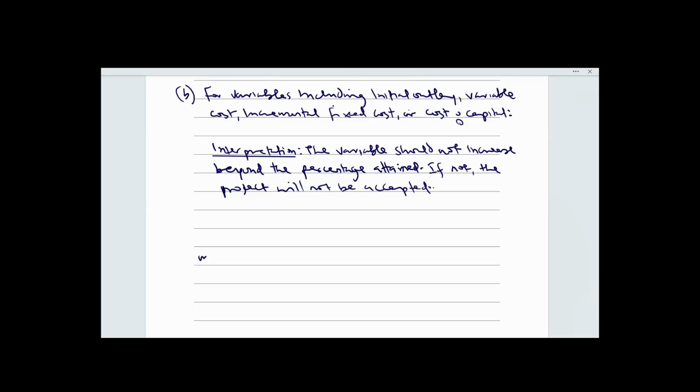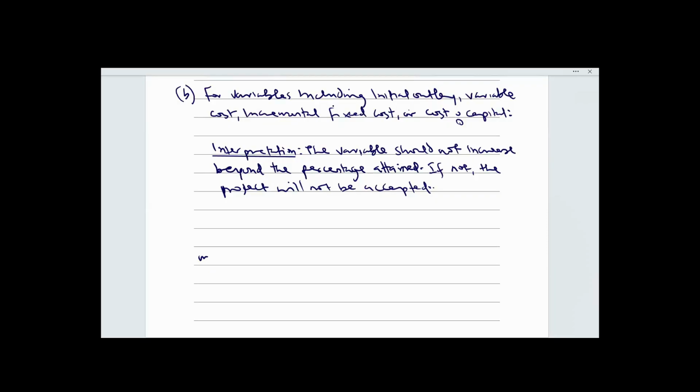So sensitivity analysis is also a measurement of risk. We use sensitivity analysis to mitigate risk. You want to know what is the extent of change in variable before the project will become unviable? What is the maximum level, or the degree of change, in that variable that will make NPV to become unviable?